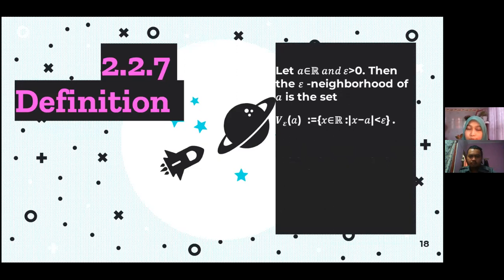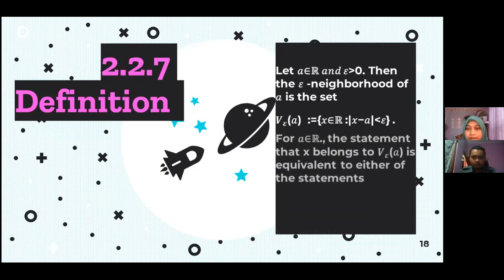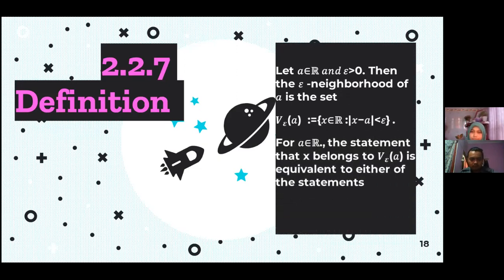For Definition 2.2.7, let a be an element of the real numbers and ε > 0. Then the ε-neighborhood of a is the set V_ε(a) defined by the set of x in the real numbers such that |x − a| < ε.